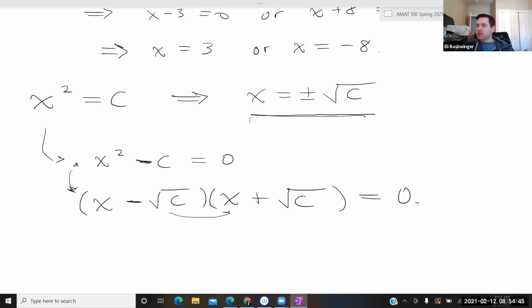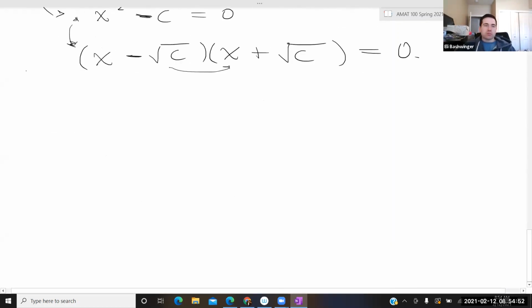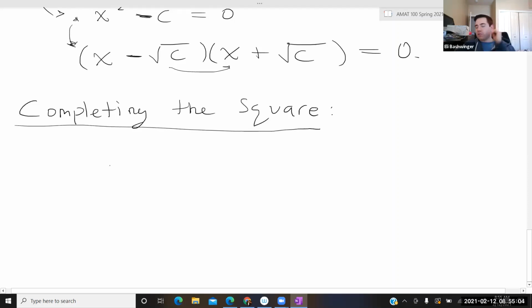As I said, this is going to be pretty short. The last thing I want to talk about is completing the square. It's not always the case that a quadratic equation can be factored immediately, but there's a way of manipulating the equation so that we can factor it.